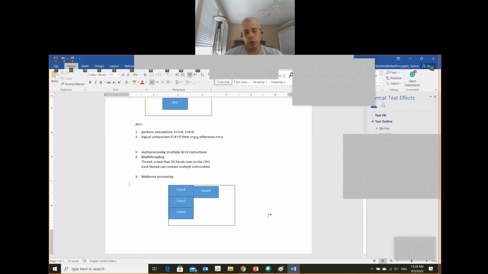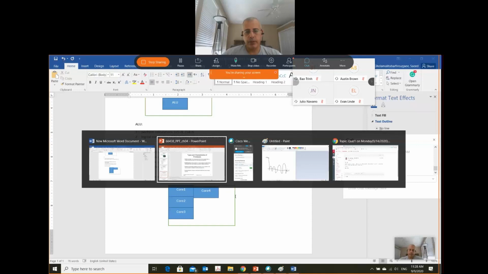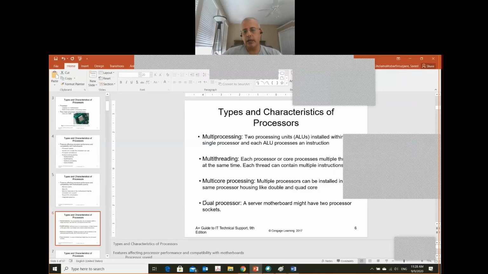The maximum number of cores currently used in CPUs is 8. And the other method is to have dual processors. Instead of just one physical processor, we can define multiple sockets on the motherboard and have multiple physical processors.